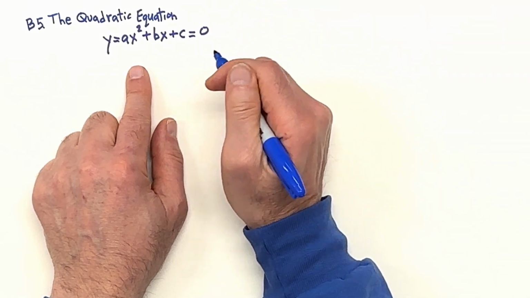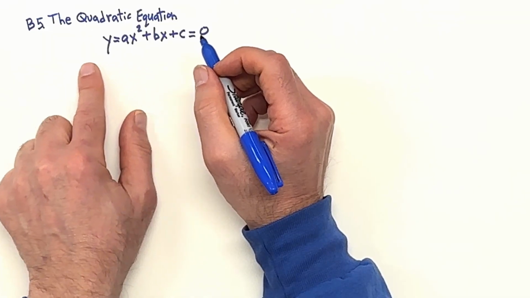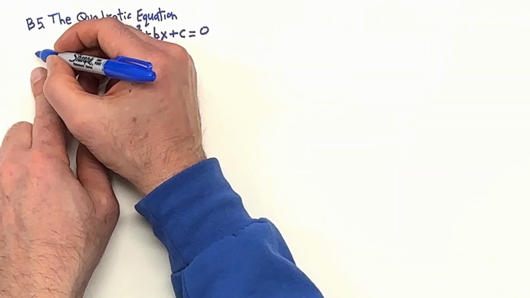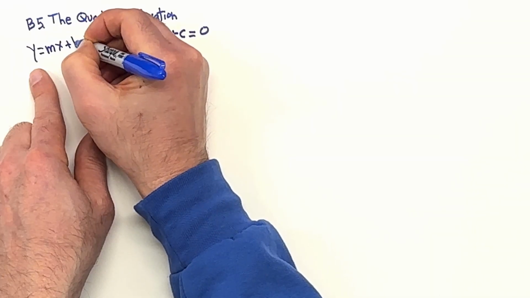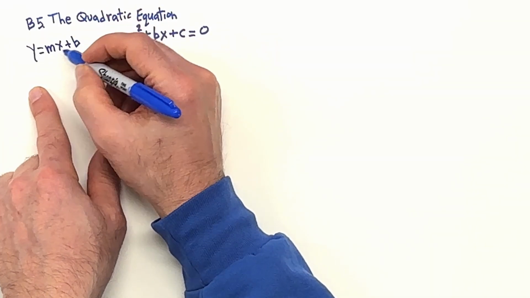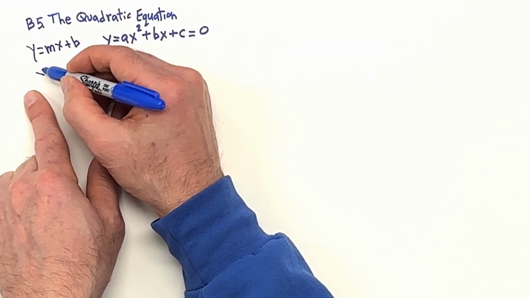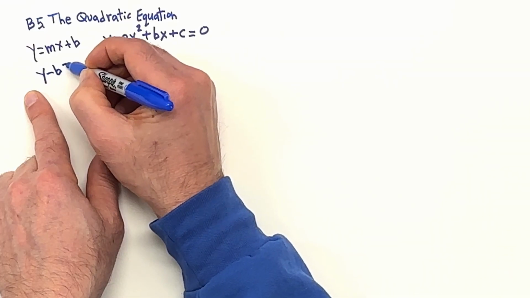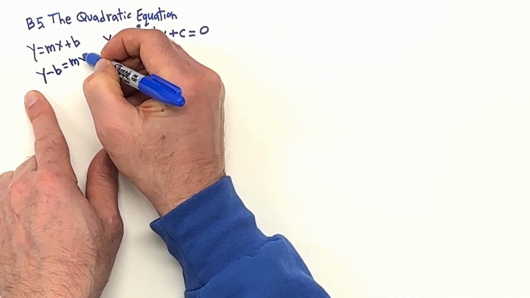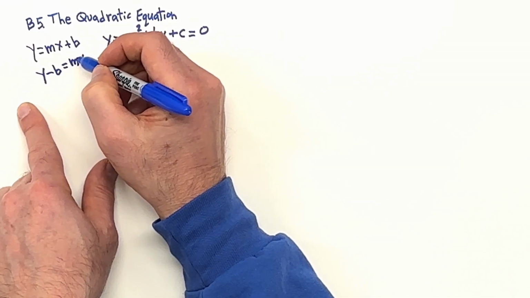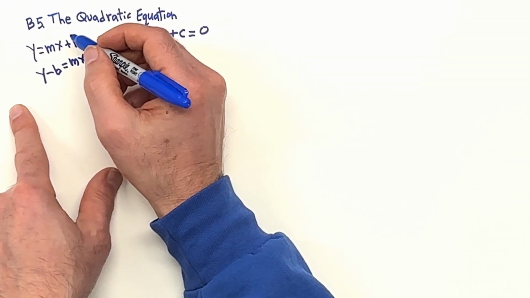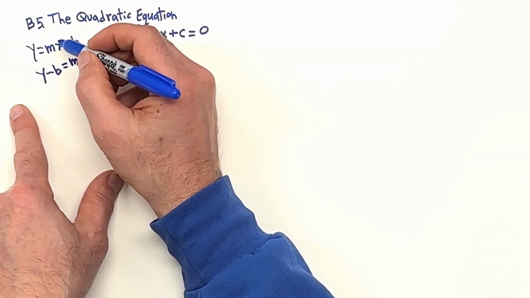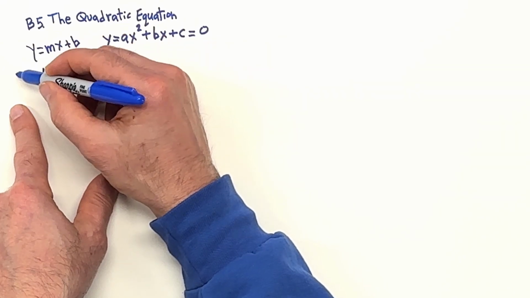When you have x to the first power, y equals mx plus b, it's very easy to find the one solution. You subtract b from both sides of the equation. Y minus b is mx. And then you divide both sides by m. In high school, we used to have a little shorthand notation.